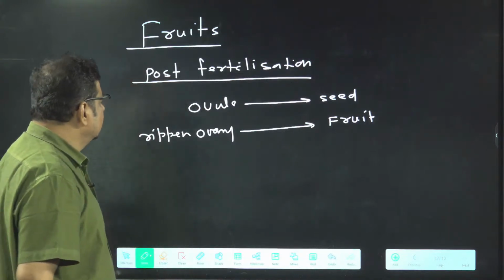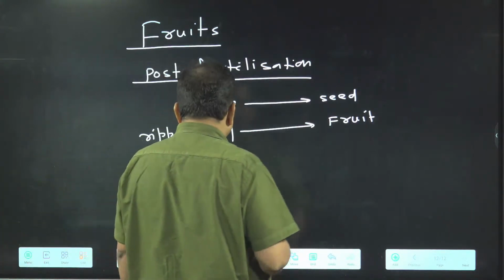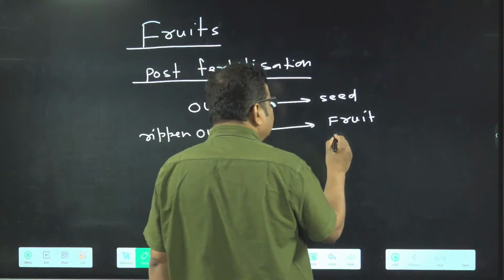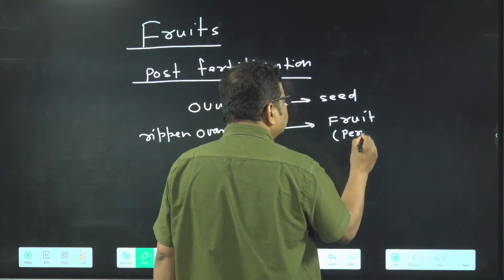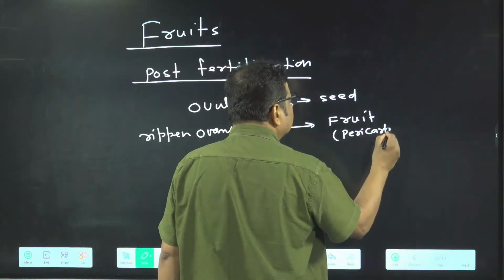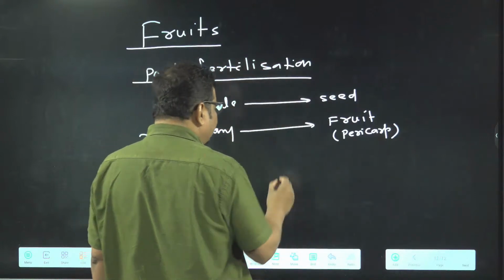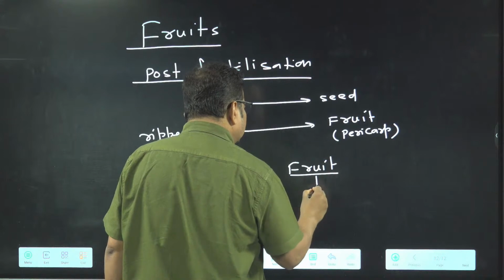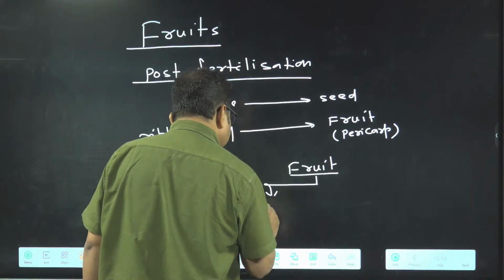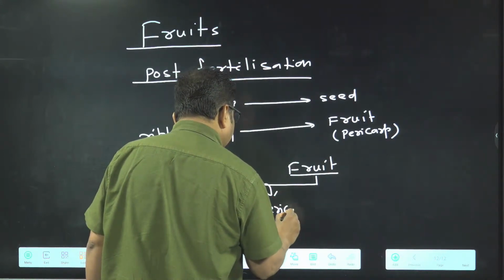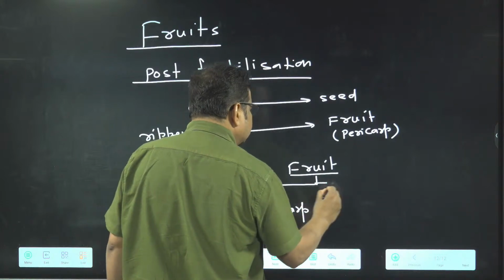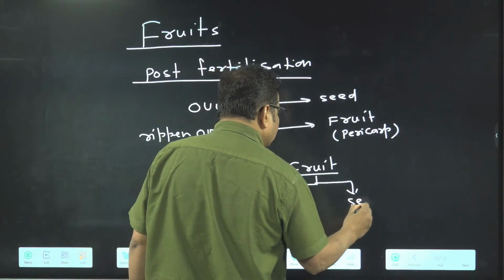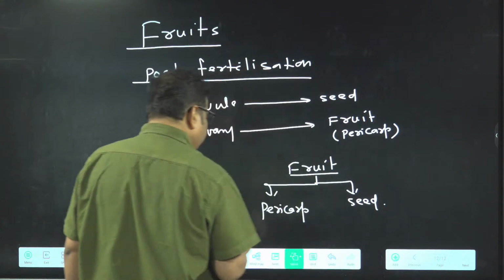Getting the things or not? So actually, this ripened ovary forms which part? Pericarp. So in a fruit, how many components are we finding? 2 components are there. Pericarp and seed.